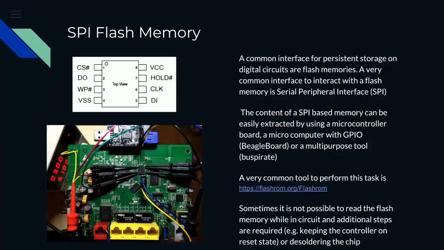Sometimes it's not possible to read the flash while it is in the circuit, because you are providing power to that chip and also to other components. When you try such a connection, you might power on the microcontroller itself, and the microcontroller might try to read the chip. So sometimes you have to put the microcontroller in reset mode so this attack can be performed, or in some cases you have to desolder the chip and read the memory separately.